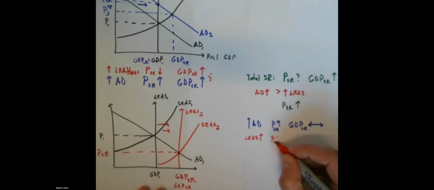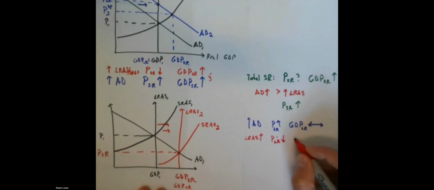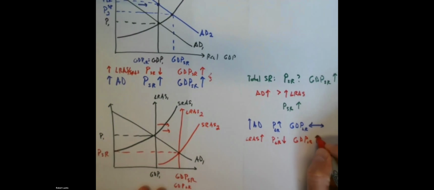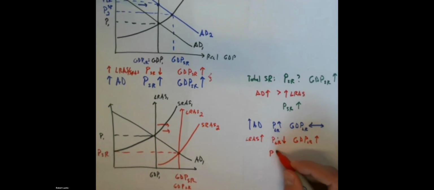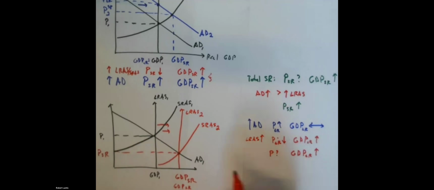So here we've got decreases in long run prices, and we've got increases in long run GDP. So here, the only thing that changes is we don't know what's going to happen to long run prices in terms of are they going to go up or are they going to go down? But we can say what's going to happen to long run GDP. It's going to increase.